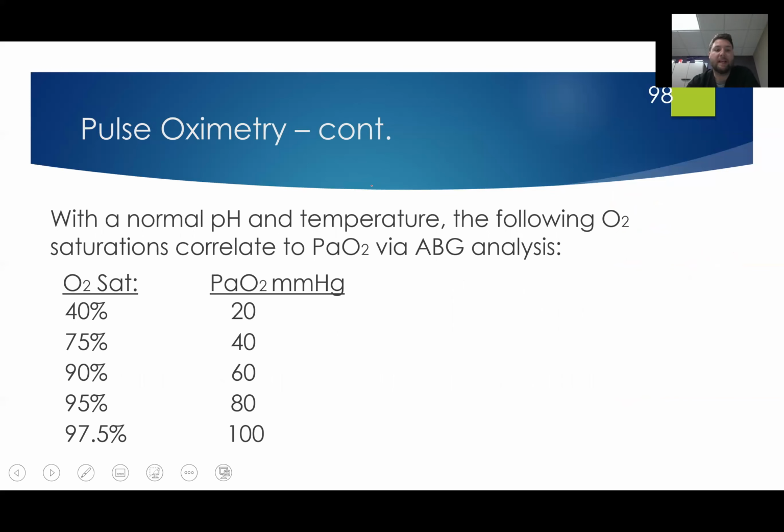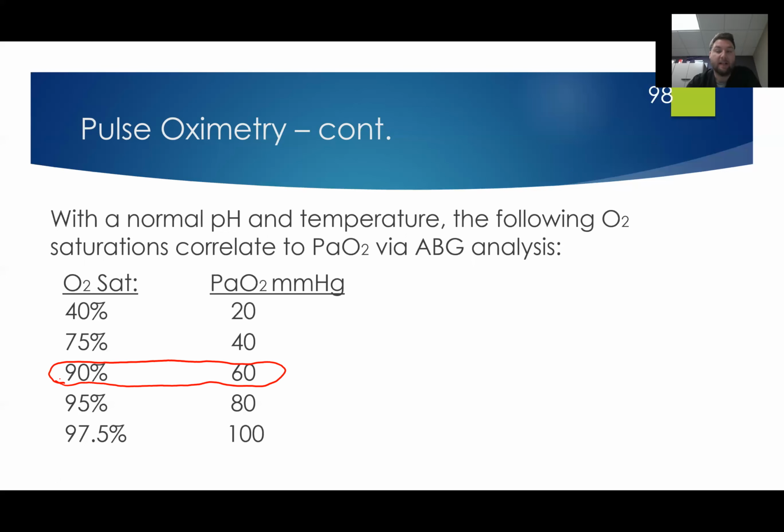If a patient has a normal pH and temperature, so they're not super acidic or running a fever, your O2 saturations correlate to a certain difference between your saturation and your PaO2. What we usually point out is that a saturation of 90 is a PaO2 of 60.